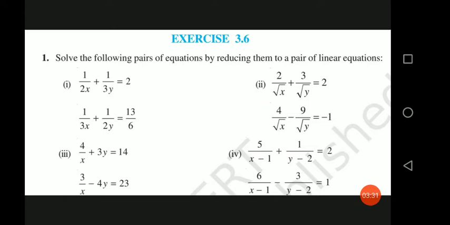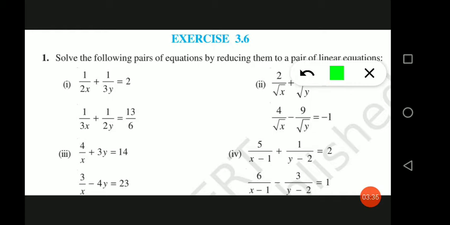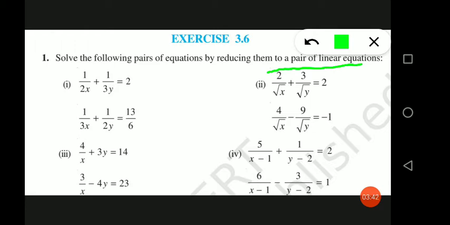So students, coming to exercise 3.6 question number 1, we have to reduce the equations to a pair of linear equations. First of all, we have to look at both the equations very minutely, very carefully, and find out which things are common, which we can use for taking another variable.